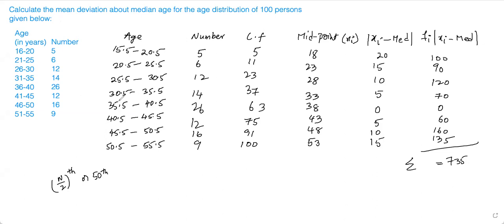That is 35.5 to 40.5. So therefore 35.5 to 40.5 is the median class, right?